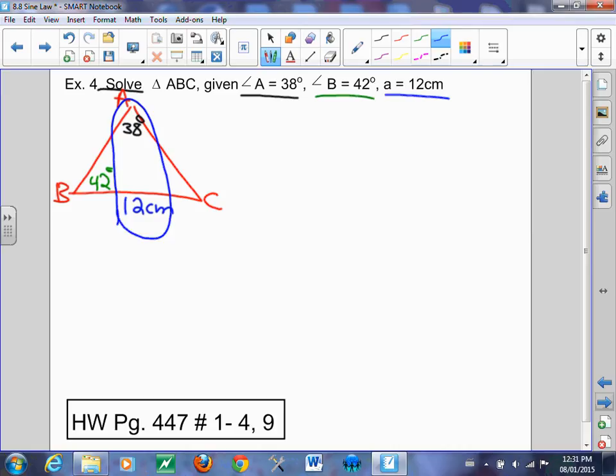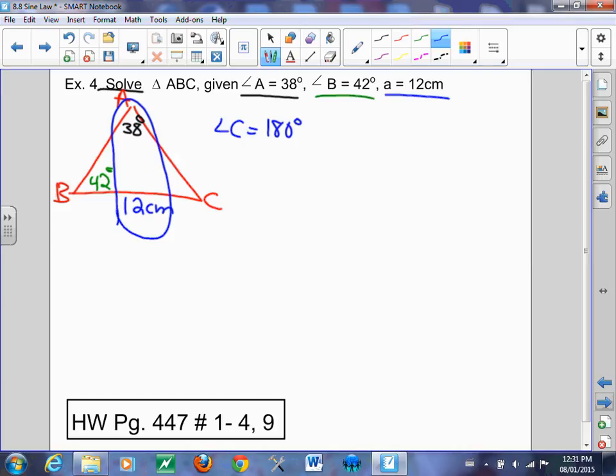If we have this match, ladies and gentlemen, what side length can we find based on the angle that's given? We could find side B, or you could realize it doesn't matter what strategy you do, you could realize, hey folks, we've got two angles in a triangle, let's find the third one and get that done first. So angle C equals 180 degrees. As long as you get all your information on the page, it doesn't matter what strategy you do first.